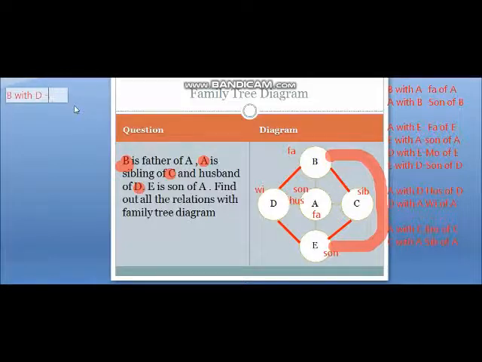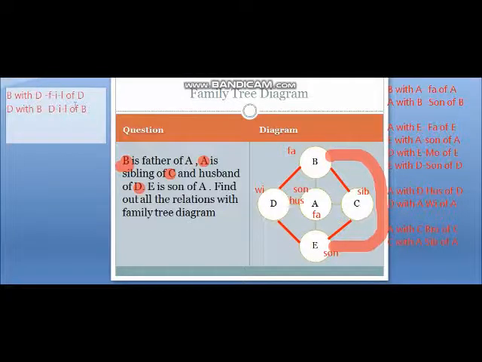B कौन है? ठीक है. तो B is your father in law of D. ओके. आपको पहले B का डेजिग्नेशन लिखना है, B की जो रिलेशन है उसका नाम लिखना है और फिर आपको D लिखना है. ठीक है. इसी का उल्टा अगर होता आपका D with B, then you will be writing daughter in law of B. Okay.